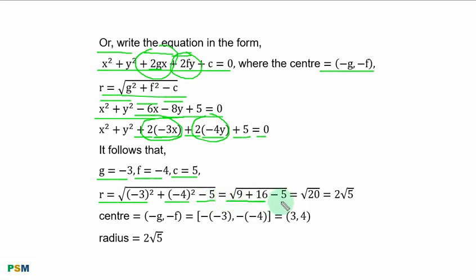You have this result that is equal to root 20, written as 2 root 5 in simplest form. This is the center. You replace g with minus 3, you replace f with minus 4. Minus 3 is 3, minus 4 is 4, and the radius is equal to 2 root 5.